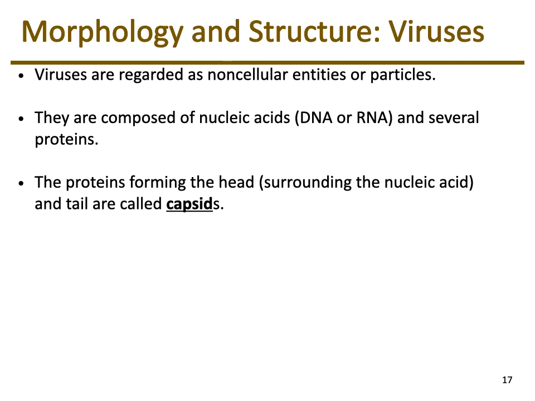Now, you could be a double-stranded DNA virus or a single-stranded DNA virus, or you could be a double-stranded RNA virus or a single-stranded RNA virus. But you're not DNA and RNA. You're one or the other. Okay, and that's how they're classified to begin with.